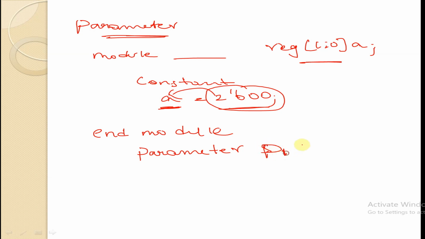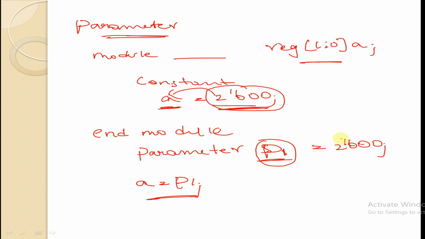So p1 is the name of the parameter and we will store 2'b00 in p1. Instead of writing 2'b00 everywhere, we can use this parameter p1. So we can write a is equal to p1. And we can also modify this parameter p1.